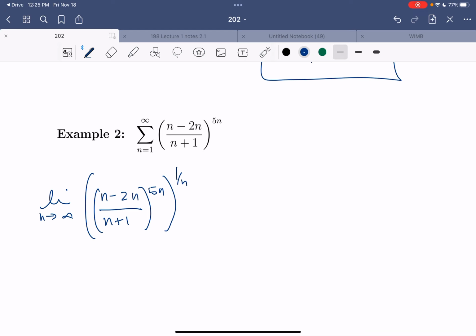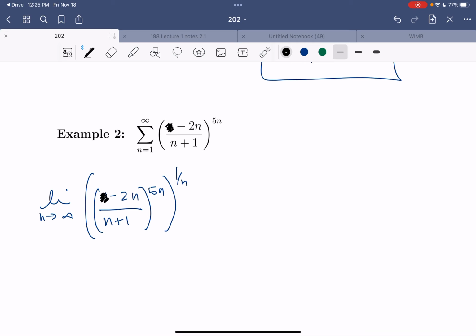Let me just quickly check, I copied this from the text, and I probably typed it incorrectly. The n actually shouldn't be here at all. It's just negative 2n over n plus 1. Okay.